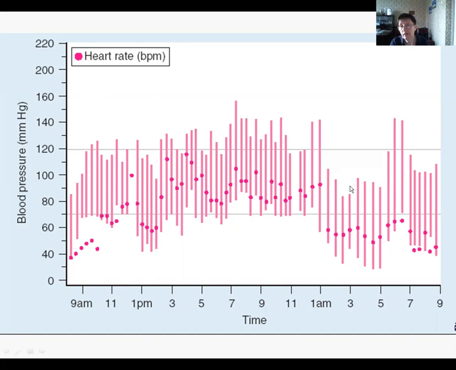And you see here that the blood pressure drops during the night period. This is normal. And here we see that there are some measurements which are higher than 140, but we use the figure of the average level of the blood pressure during the day and during the night. That's why this diagram is considered normal.